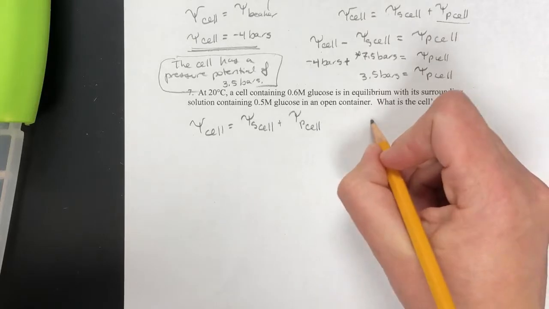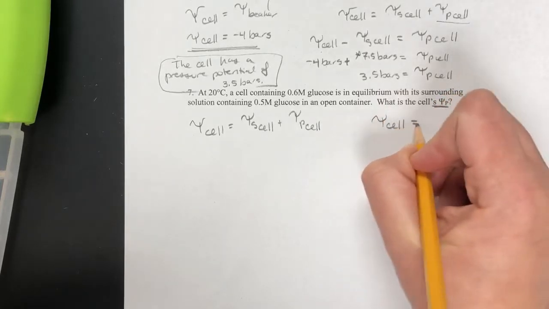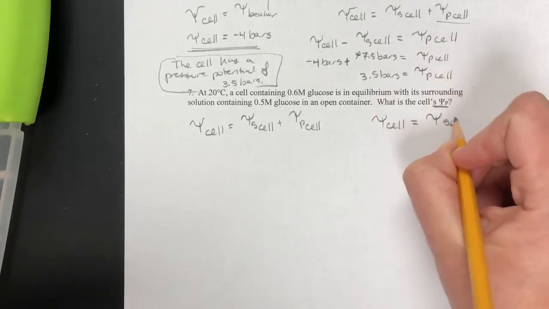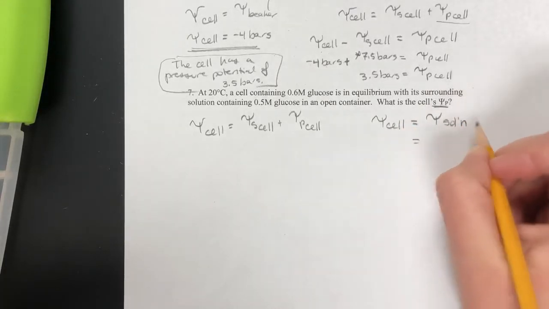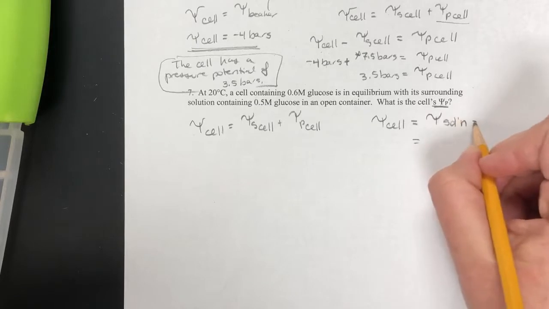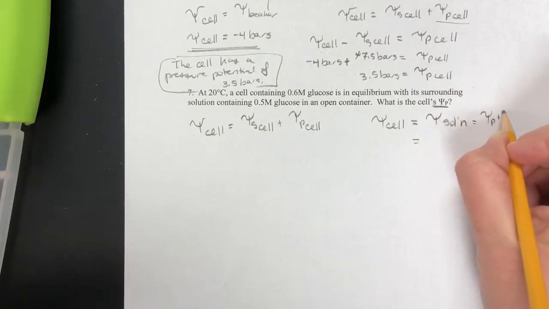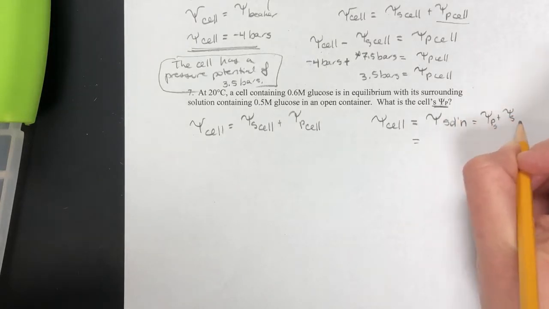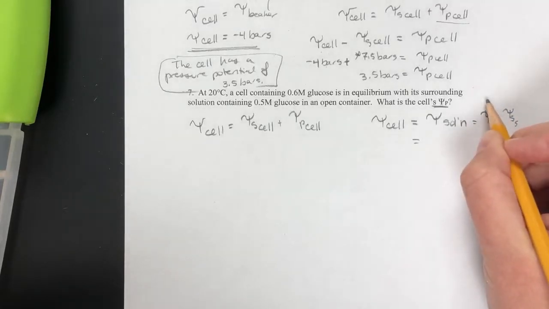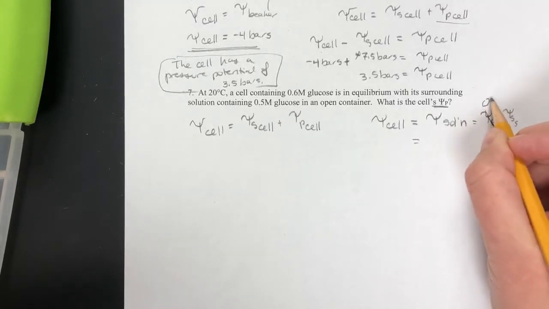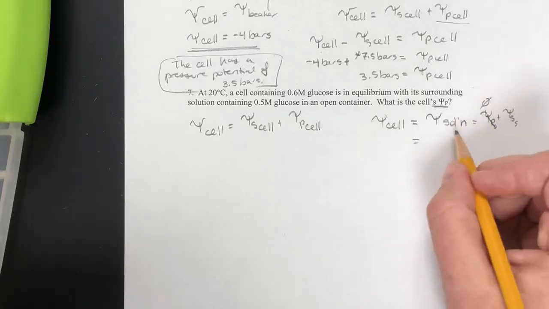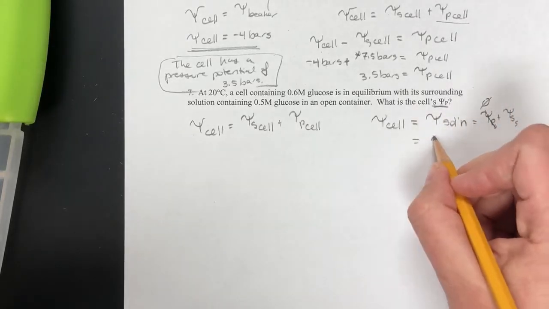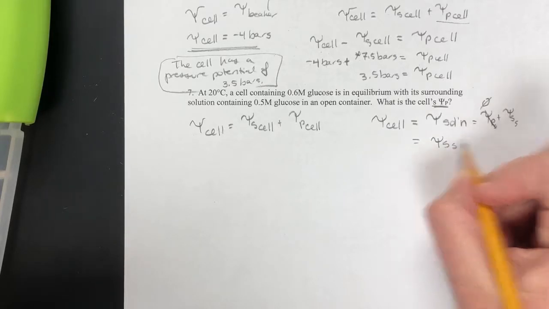And the water potential of the cell is also equal to the water potential of the solution. Remember that the water potential of the solution is the pressure potential plus solute potential of the solution. Pressure potential is 0 because it's an open container. So water potential of the solution is basically the same as the solute potential of the solution.